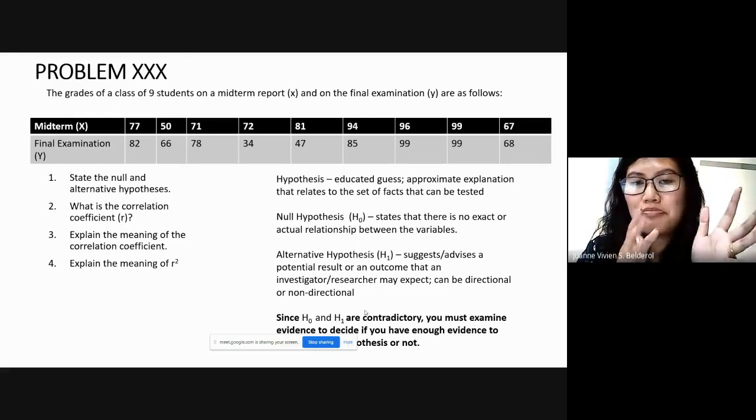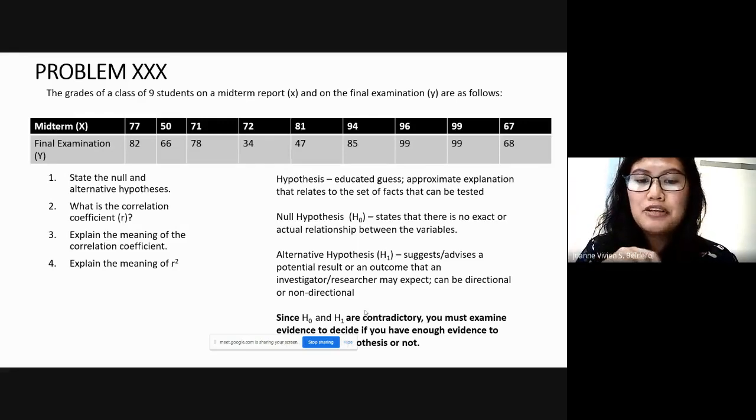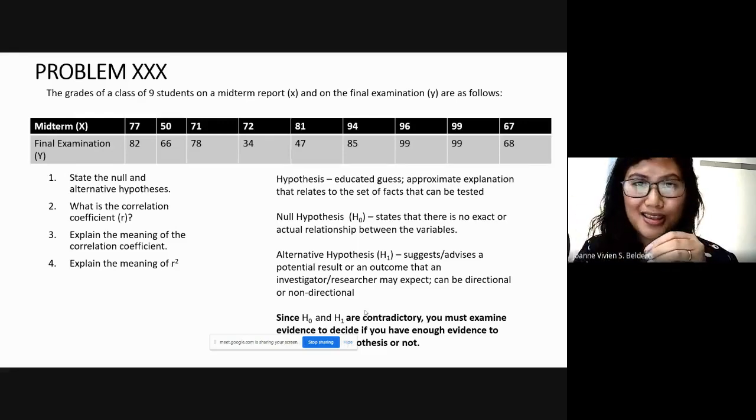So, null hypothesis: no significant relationship. H1: there is a significant relationship. Now, your H1 can be directional or non-directional. When we say directional, you can say there is an increasing relationship, so there is a direction: positive or negative?